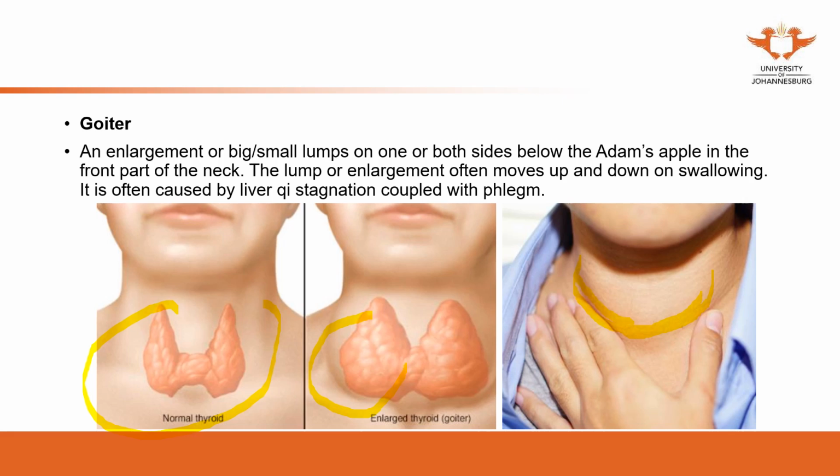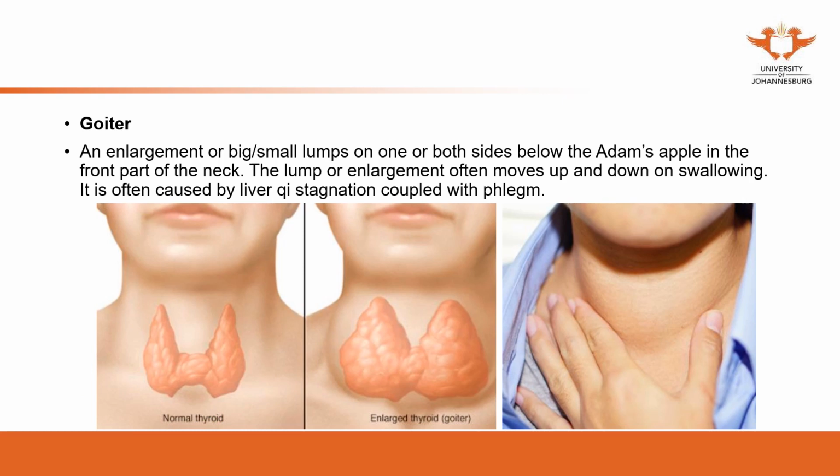It can be on both sides or one side, though especially for goiter it is both sides. If you see one side of the thyroid enlarged, you also need to send the patient for an examination, such as ultrasound, and refer them to other practitioners.